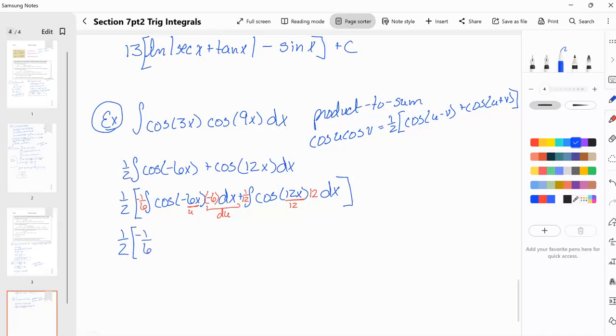When I integrate cosine, I'm going to get sine. So I'm going to get sine of -6x over 2. And when I integrate cosine, I'm going to get sine here.